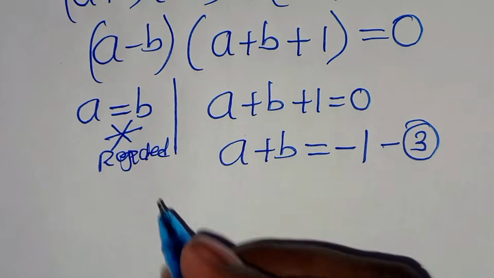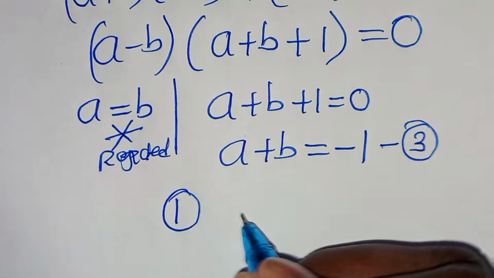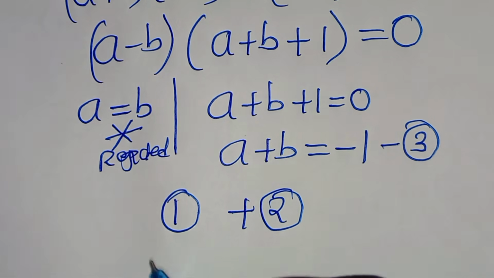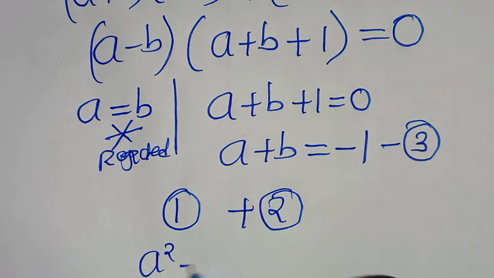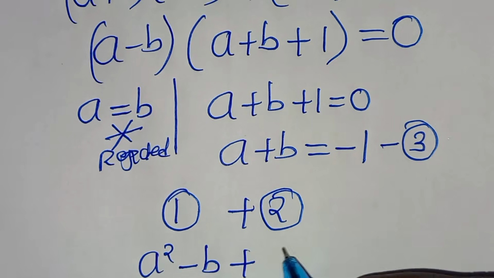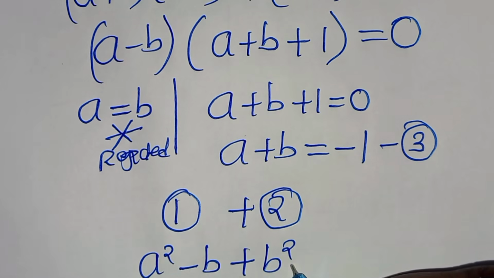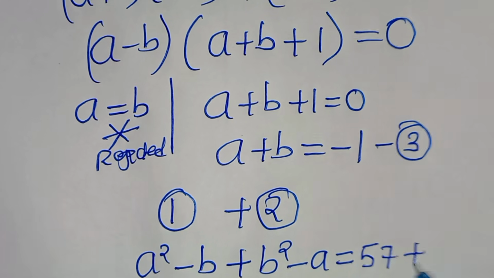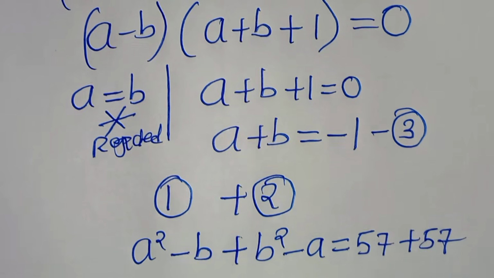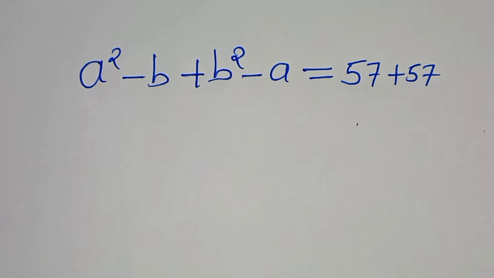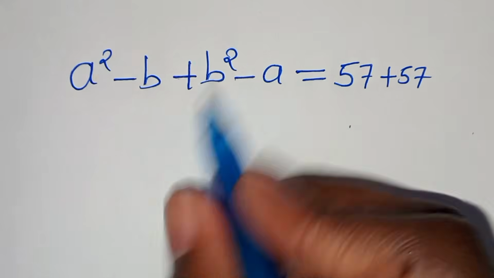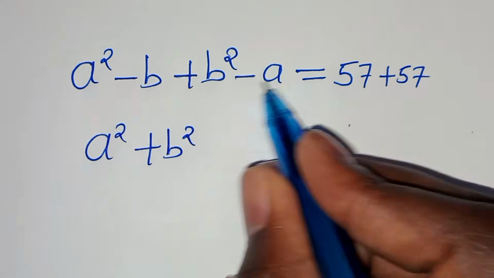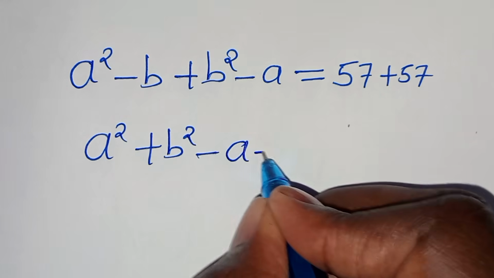The next step, let's add equation 1 plus equation 2. This is the second step. Equation 1 is a to the power of 2 minus b, then plus equation 2, which is b to the power of 2 minus a, and this is equal to 57 plus 57. So here we have a squared plus b squared, then minus a minus b.